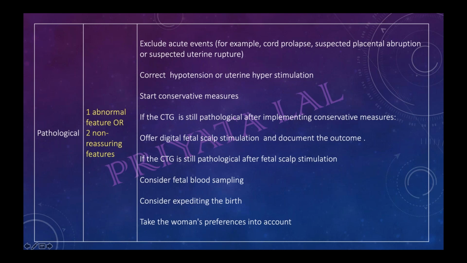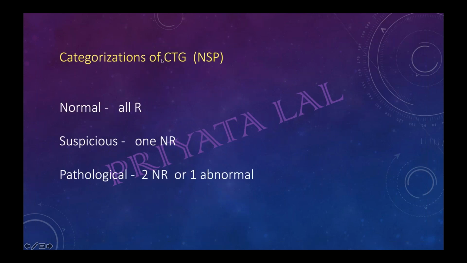So this is the management for pathological CTG, and it is a direct table from the NICE guideline. But you have to remember this table, because whatever they ask will be answered from here only. So again, please remember the categorization of CTG, it is NSP.